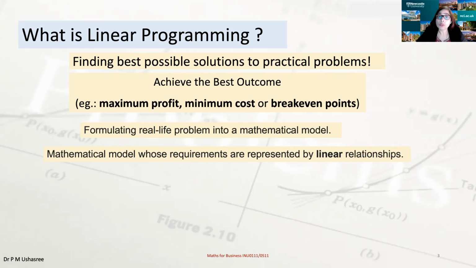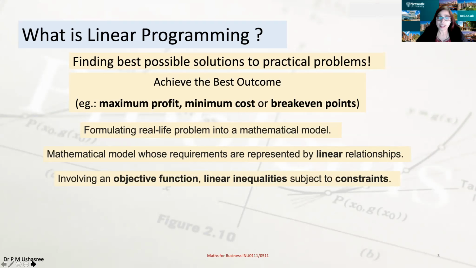It is a mathematical model whose requirements are represented by linear relationships, which involves objective functions. The idea of the objective function is that it defines the quantity which needs to be optimized, and the linear inequalities which are subject to linear constraints.